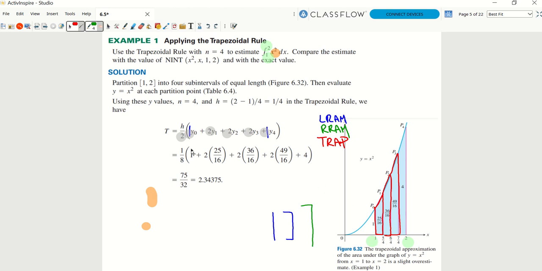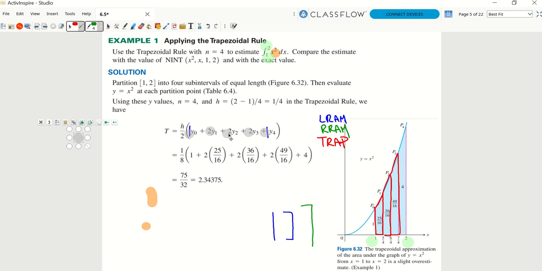Now, first of all, these coefficients are always going to be constants: 1, 2, 2, 2, 1. So the n over here is going to be 1. The gray highlights within the parentheses, the leftmost gray highlight and the rightmost gray highlight, the coefficients are always going to be 1 and 1, and everything in the middle is going to be 2.